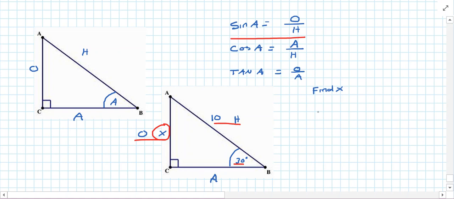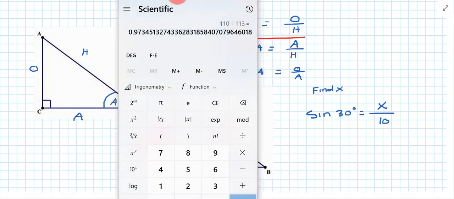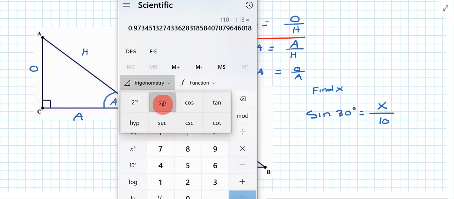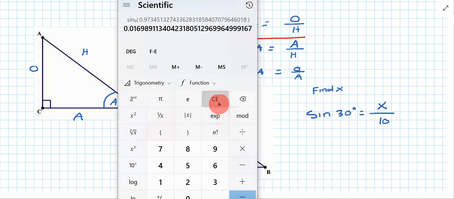So the way we can write it then is that sine 30 is equal to the opposite, which in this case is x, the unknown, divided by the hypotenuse, which is 10. So then we can work this out. We can get the sine of 30 using the calculator.